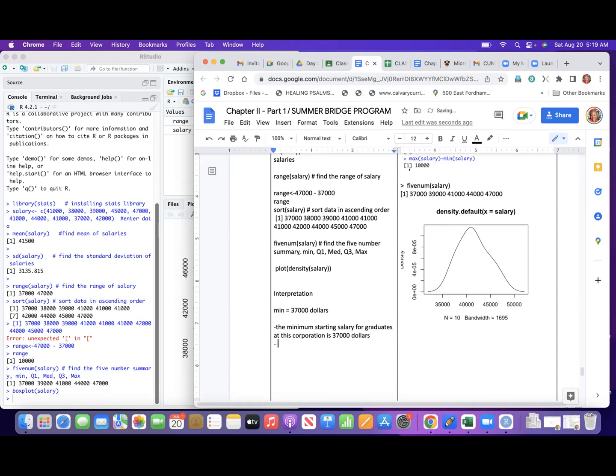Now, the next thing, let's talk about maybe Q1, which is my 25th percentile.